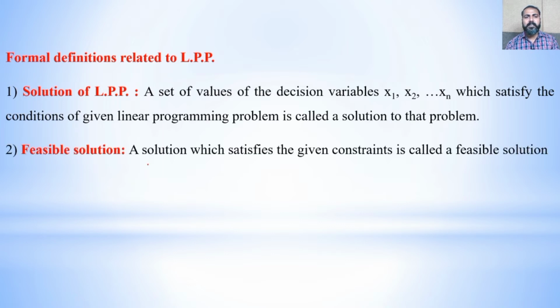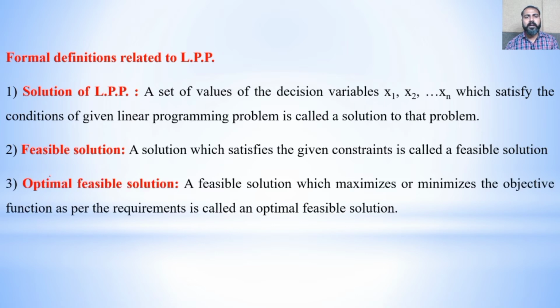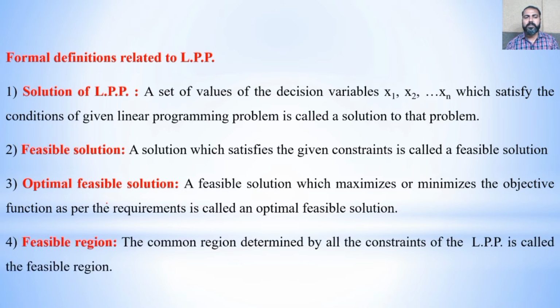Second definition is feasible solution: a solution which satisfies the given constraints is called a feasible solution. Third definition is optimal feasible solution: a feasible solution which maximizes or minimizes the objective function as per the requirements is called an optimal feasible solution.